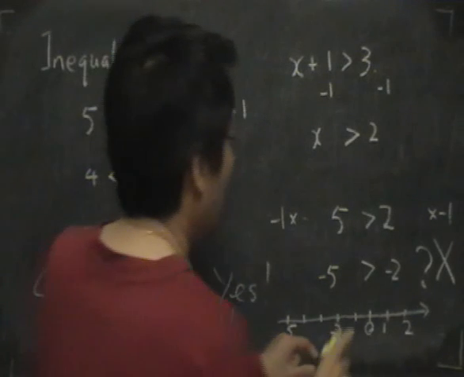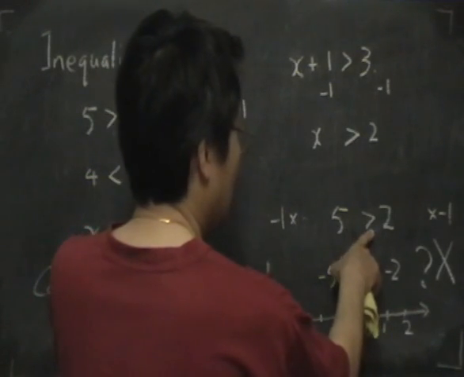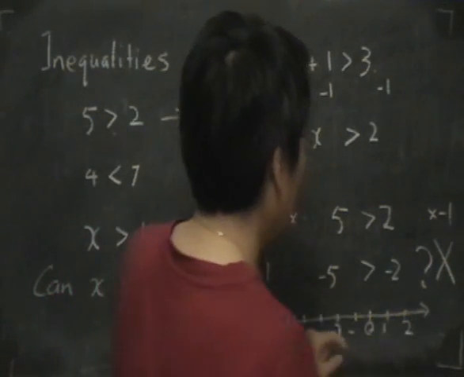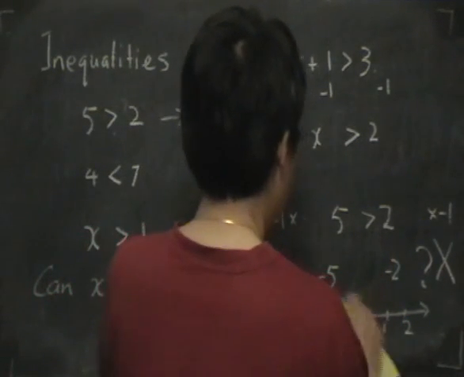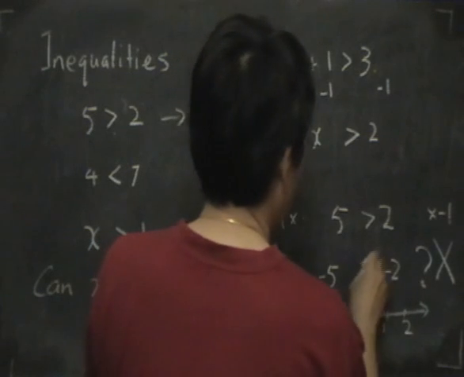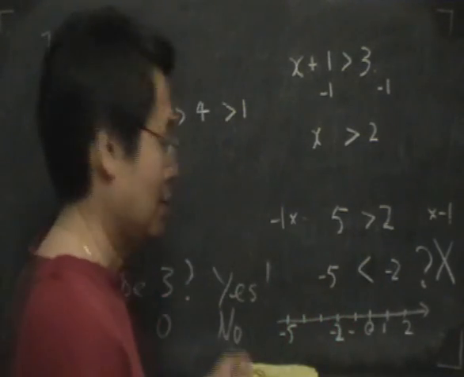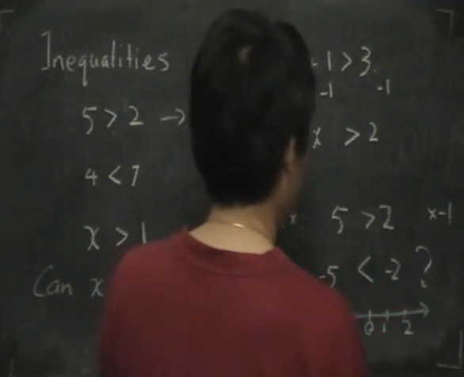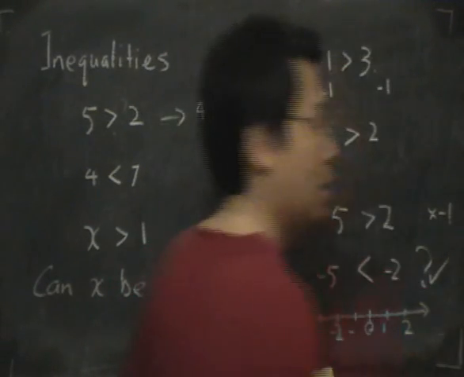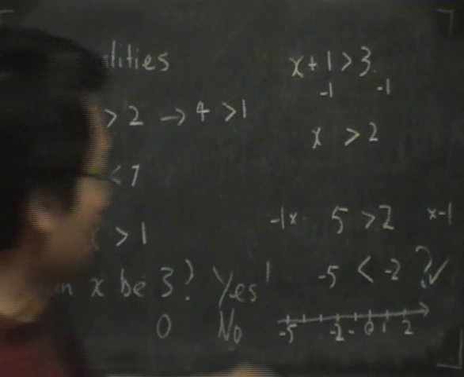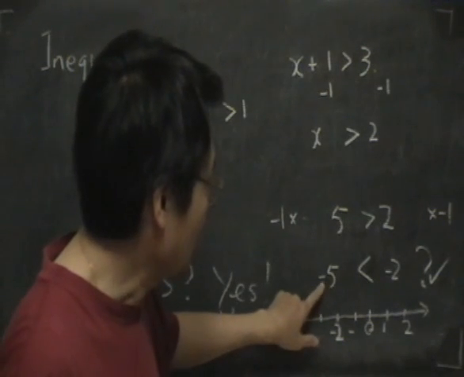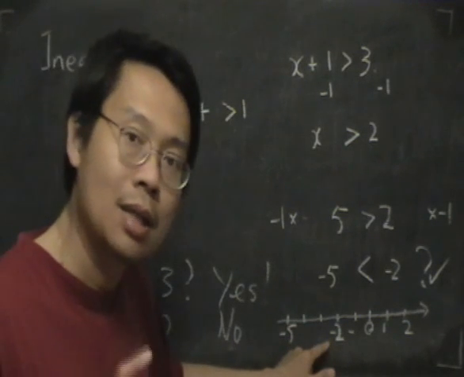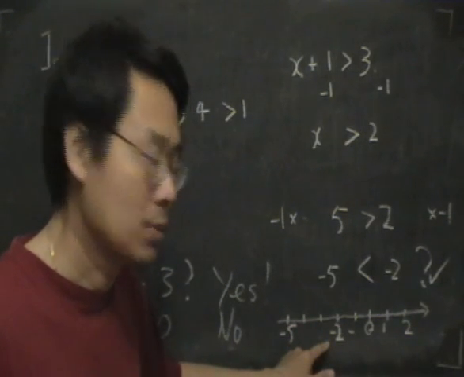That means if I have a greater than symbol there, then when I multiply by minus 1, I have to change it to less than. Then it will be correct, because then minus 5 is indeed less than minus 2.